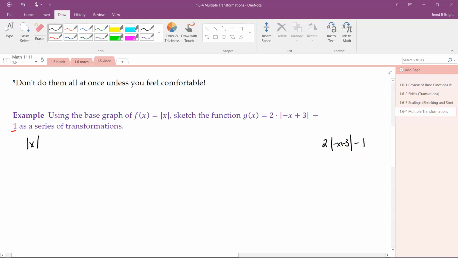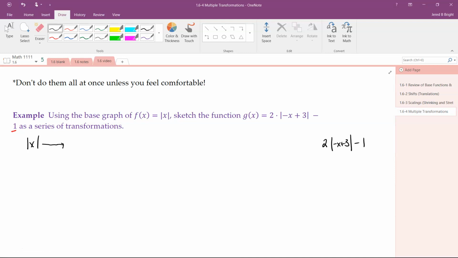I don't know how many transformations there are, but you can see there's a value of a, b, c, and d, so there's going to be 4 transformations. But I need to transform this. So first thing I'm going to do is make sure I remember the 1, 2, 3, and 4 from above. First thing I'm going to do according to that list is any horizontal translations.